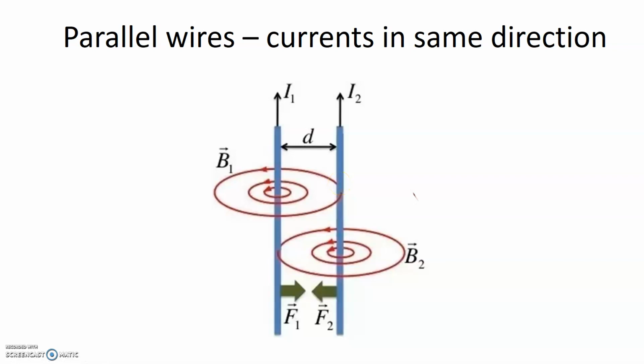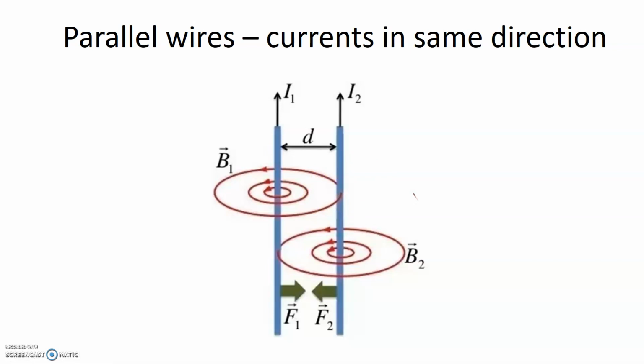Okay, so we use our right hand to figure out the direction of the force on wire 2 caused by the magnetic field of wire 1. First thing to do is, looking at this point here, which direction is the magnetic field going? It's going into the screen.